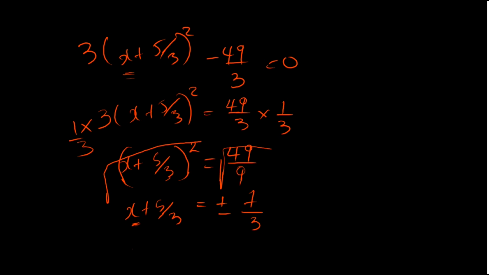So x is now equal to negative 5 over 3 plus and minus 7 over 3. So we have x is equal to negative 5 over 3 plus 7 over 3 and negative 5 over 3 minus 7 over 3.